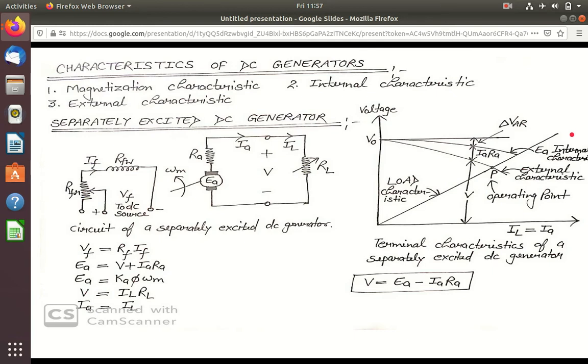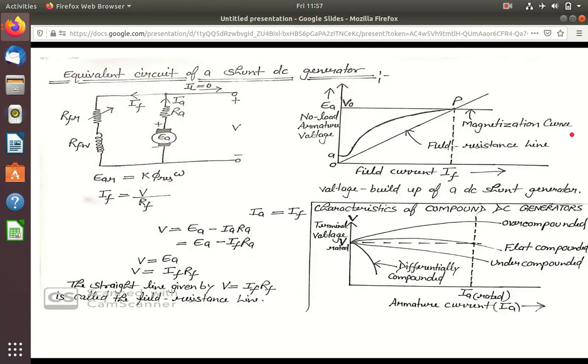Now in the next slide we have the equivalent circuit of a DC shunt generator for the magnetization curve. You can see here, this is your equivalent circuit of a shunt DC generator.